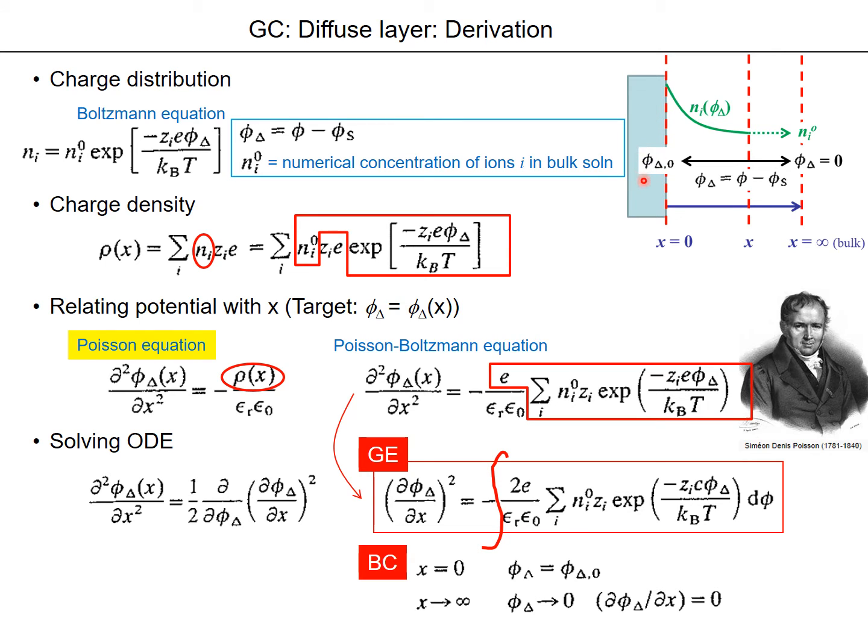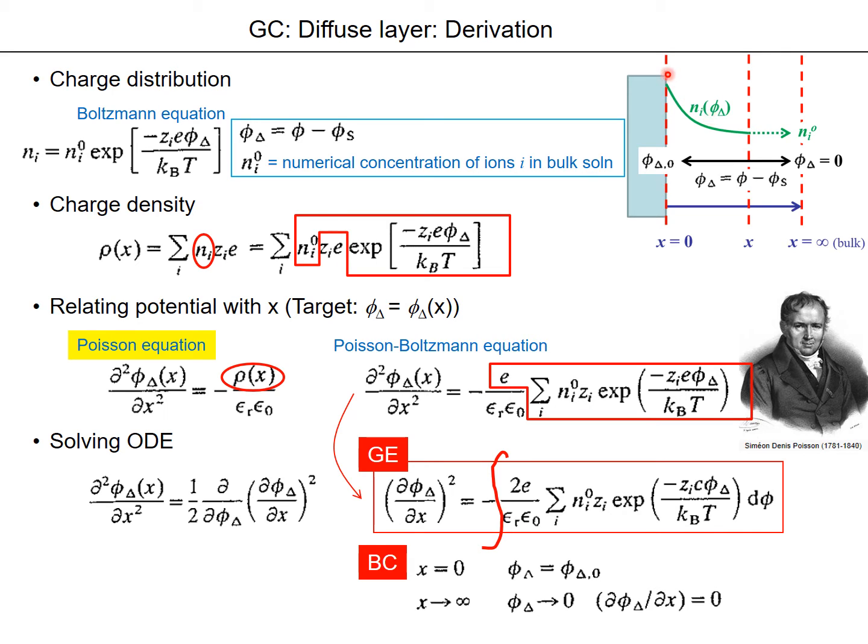Therefore, to compensate the negative charges developed in the electrode, cations accumulate around the surface and then decrease going away. N_i indicates the numerical concentration of ions, species i, in this case sodium ions.